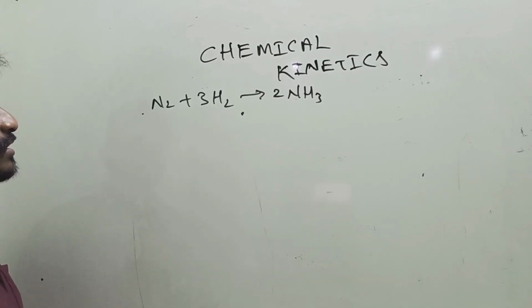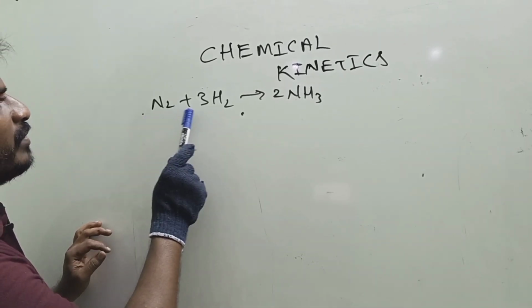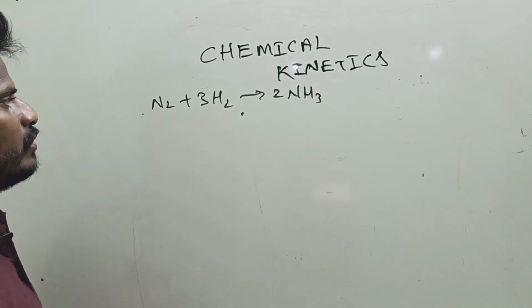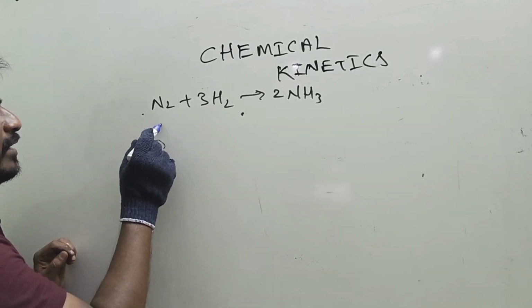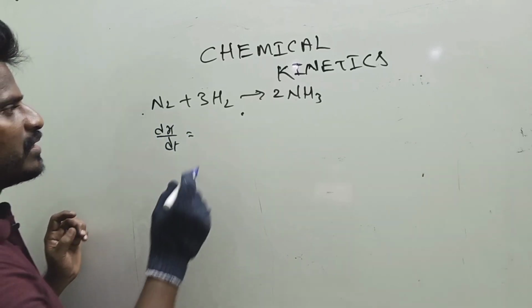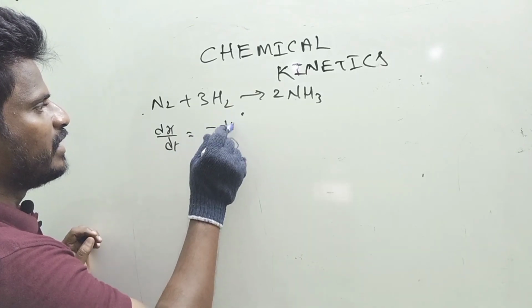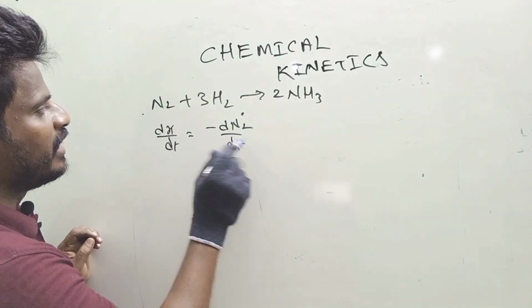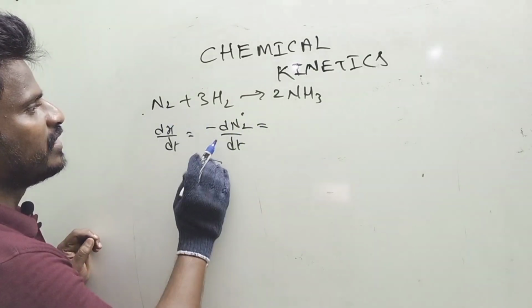Rate expression for the reaction N2 plus 3H2 gives rise to 2NH3. It is dx by dt in terms of concentration: minus dN2 by dt. It is the reactant and its coefficient is 1.